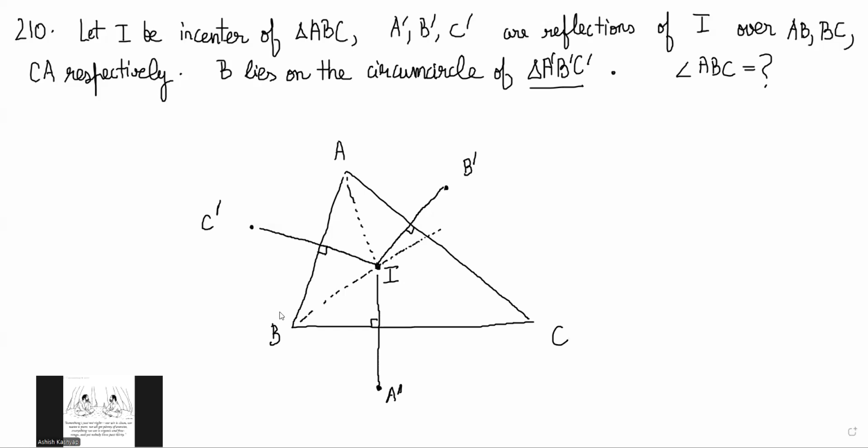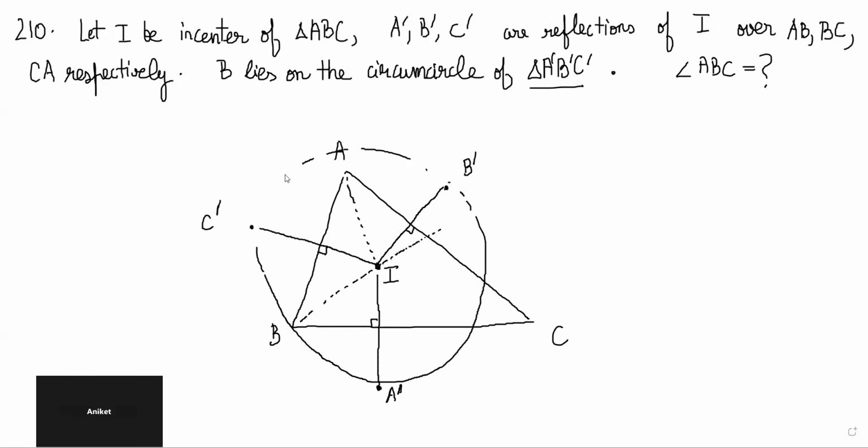Okay, now they are saying the circle passing through A dash, B dash, C dash also passes through B. Okay, so there is a circle like this, which is basically circumcircle of A dash, B dash, C dash triangle, but it also passes through B.